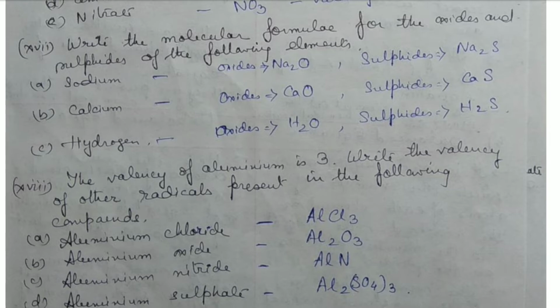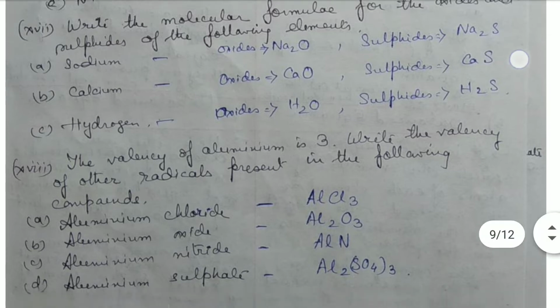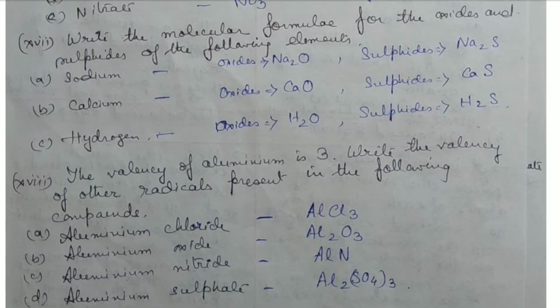valency 2, and exchanging their valencies we get Na2O, and similarly for sulfide also. Sulfide has a valency 2 and sodium has a valency 1. Exchanging their valencies, it will become Na2S.